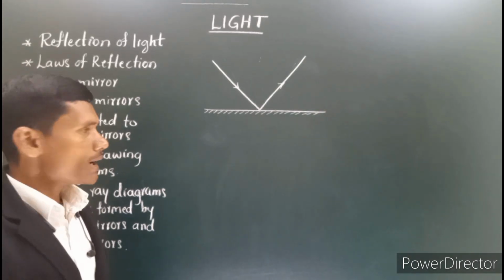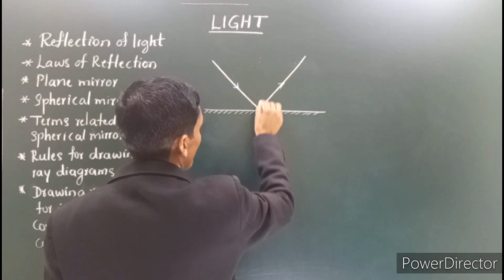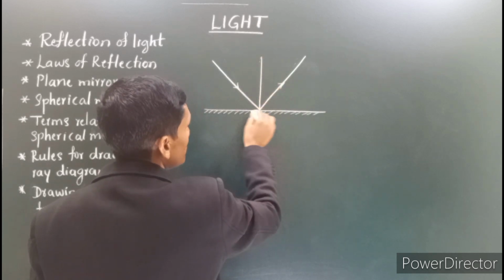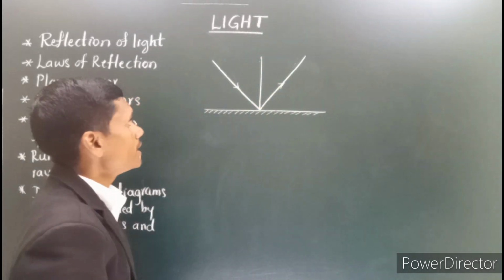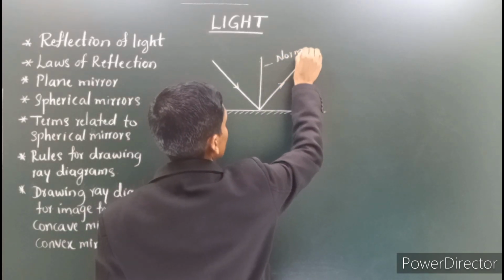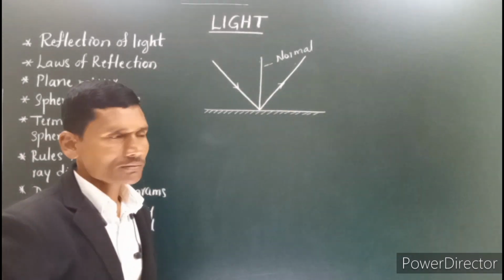Now, let us imagine an imaginary line at this point which is perpendicular to this polished surface. This line we call normal, and this you can consider as a mirror.